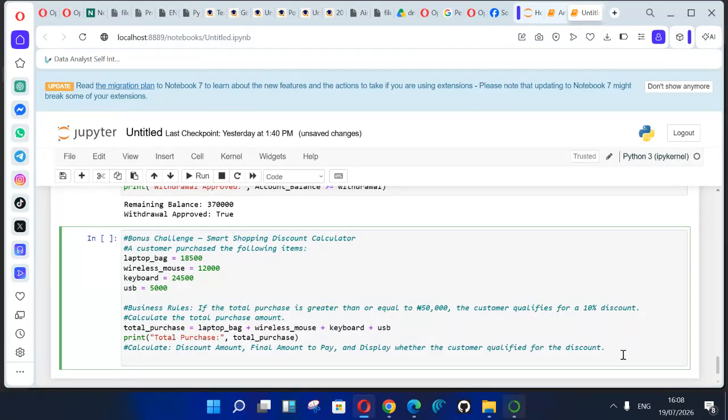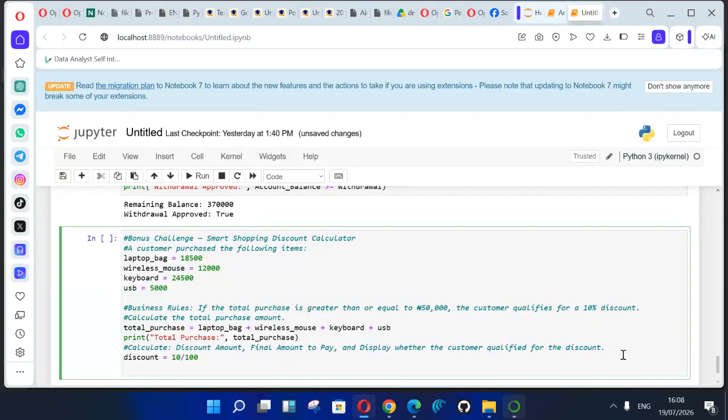So now let's look at the discount amounts. This was the question again. Okay, 10% discount. So discounts is equals to 10% which is 10 over 100.